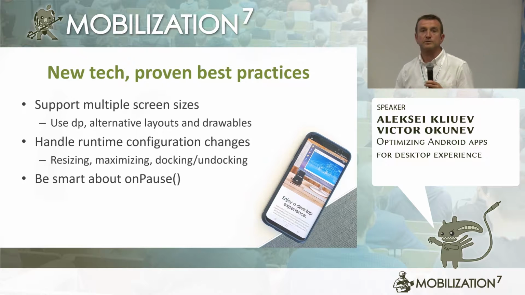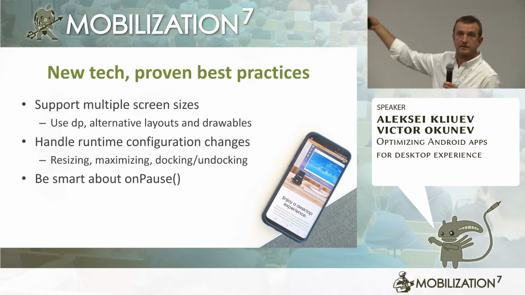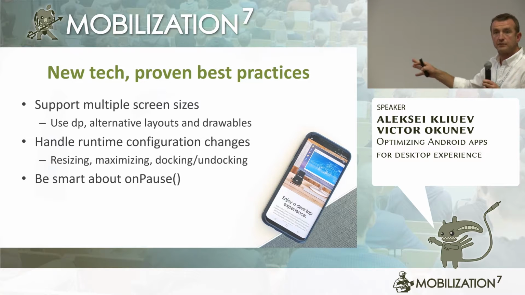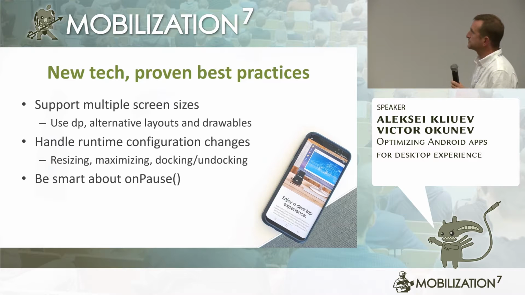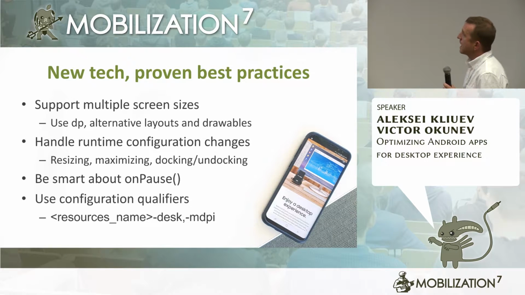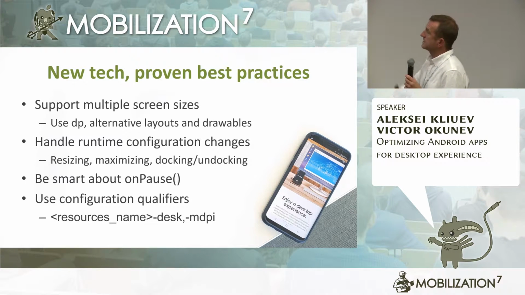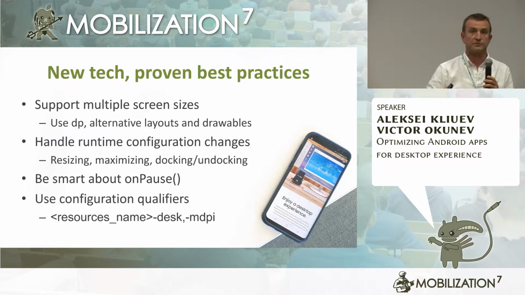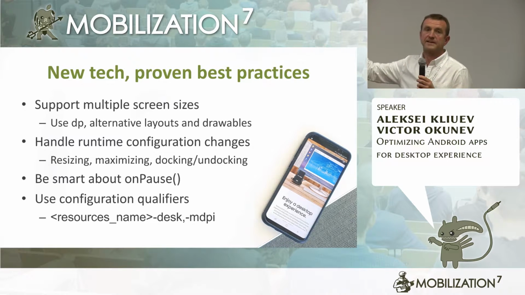So be smart about onPause. Remember, like in the case with the kittens, you don't necessarily have to stop some of the activities that you perform within your code. And perhaps there's a new configuration qualifier. You know how we use qualifiers for Android resources? Well, there's a new qualifier, desk.